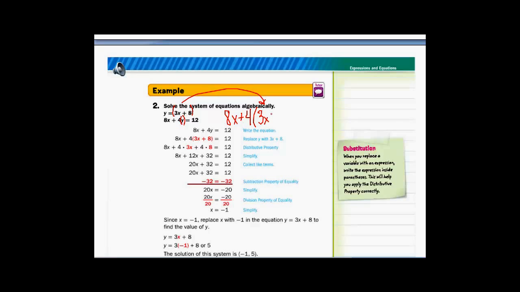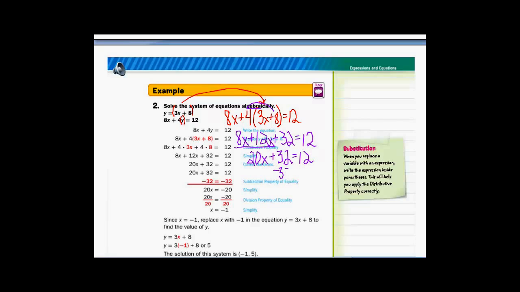3x plus 8 equals 12. Now you're going to have to use the distributive property to solve that. So 8x I didn't do anything to, plus 12x plus 32 equals 12. So combining my like terms, I've got 8x and 12x, which is 20x, plus 32 equals 12.